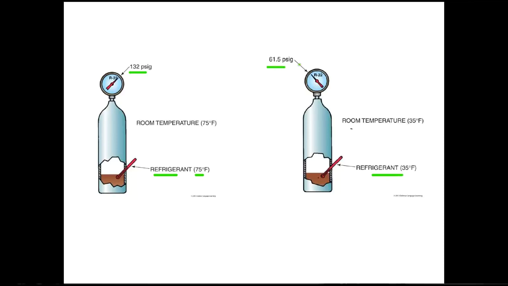And if we have this jug over here and we vent off some of this pressure, and decrease the pressure, it's also going to decrease the temperature. So remember, pressure increase, temperature increase, pressure decrease, temperature decrease. Make sense? All right.